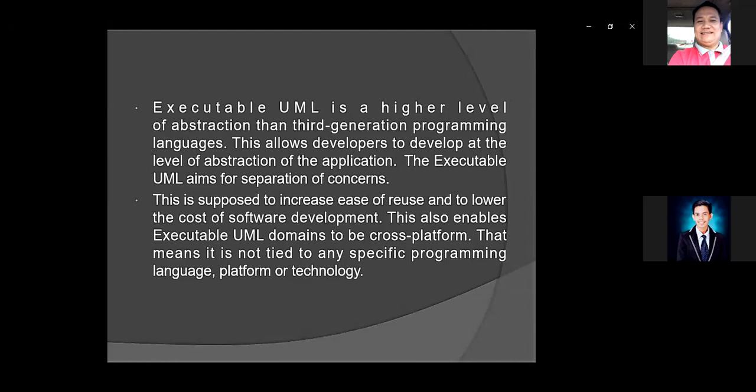This is supposed to increase reuse and lower the cost of software development. This also enables executable UML domains to be cross-platform. That means it is not tied to any specific programming language, platform or technology.